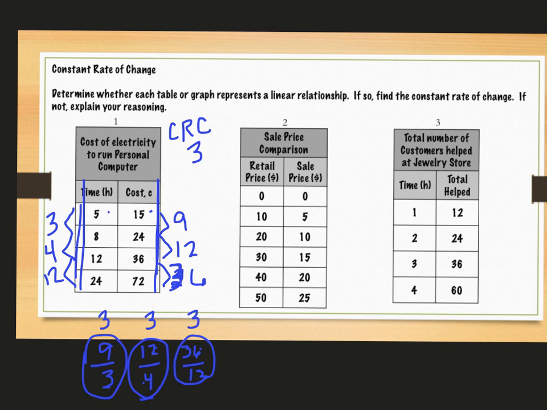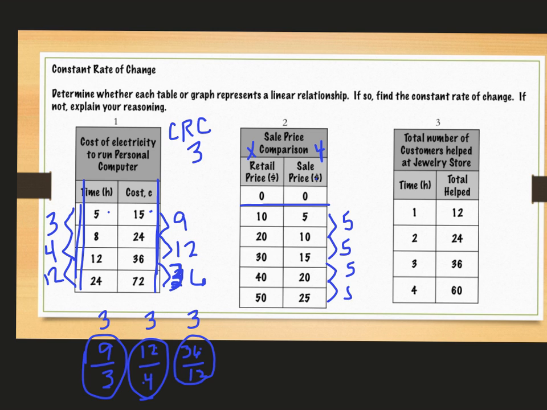Right. Okay, so 0, 0, I'm not going to worry about this yet. So I'm going to look at the retail price and the sale price. We'll say this is X and this is Y. I don't know if it is or not. We're just going to make it that way. So that goes up by 5. This goes up by 5. This goes up by 5.